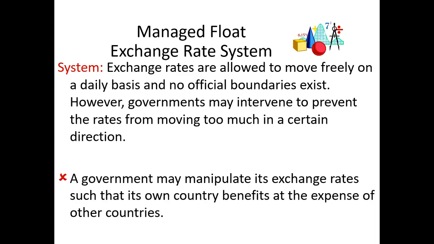So here, demand and supply was allowed to determine exchange rates, but from time to time, government will intervene when the government thinks that the exchange rate is going beyond certain bounds. So the managed or dirty floating system has a little bit of government intervention, but then there is also demand and supply determining. So when demand and supply determine beyond certain bounds, government will intervene.